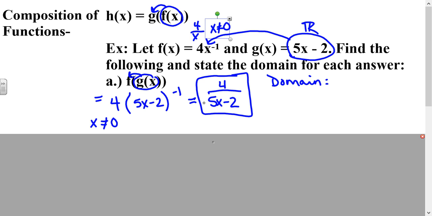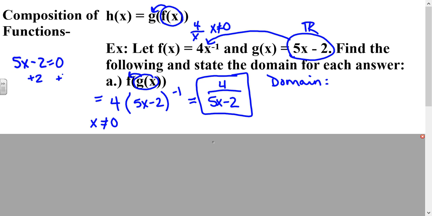Now, what else, if I look at my answer, can I not plug in for x? Well, if I look at it, I know that the denominator can't equal 0, so that means that 5x minus 2 cannot equal 0. So I'm going to set it equal to 0 so that I can find out what not to plug in for x. So I'm going to add 2 to both sides.